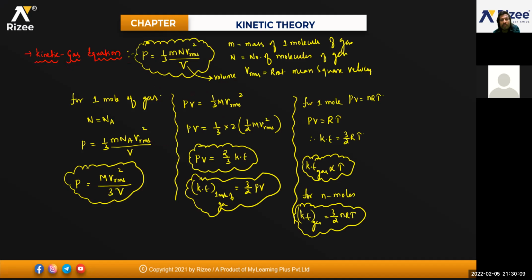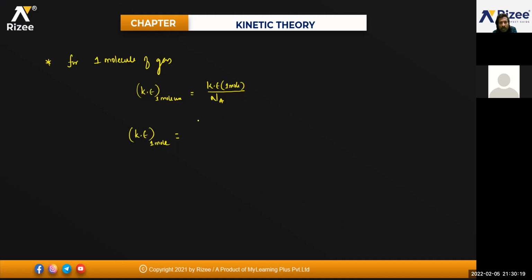Kinetic energy for 1 mole of a gas is 3/2 into R into T. So it is 3/2 R T divided by the Avogadro number. This R by Na gives what, beta? Boltzmann's constant.